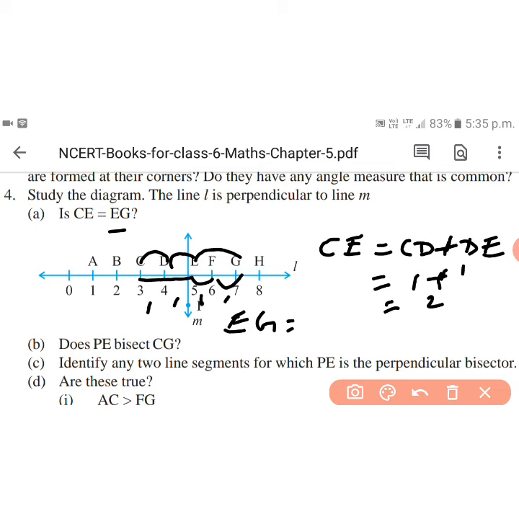So EG equal to EF plus FG, which is equal to 1 plus 1, which is equal to 2. Therefore CE is equal to 2 and EG is equal to 2. Therefore CE equal to EG.